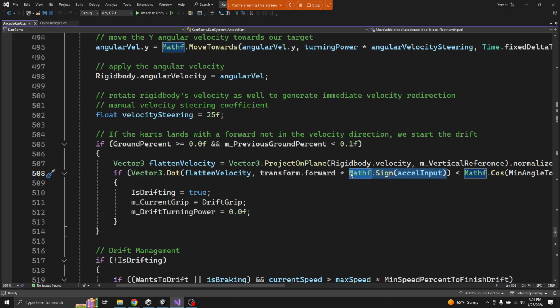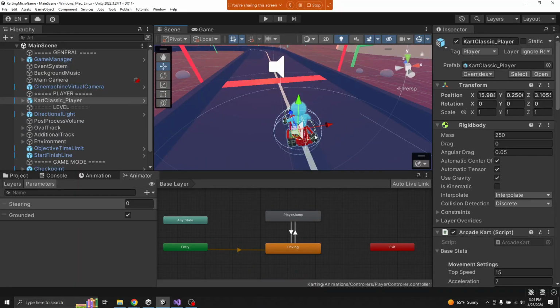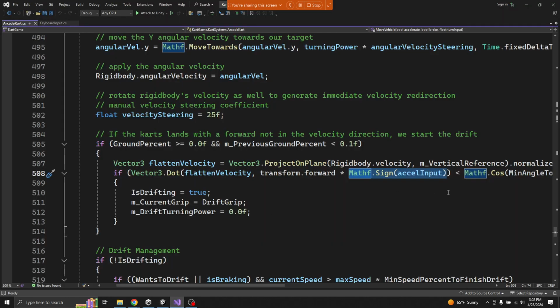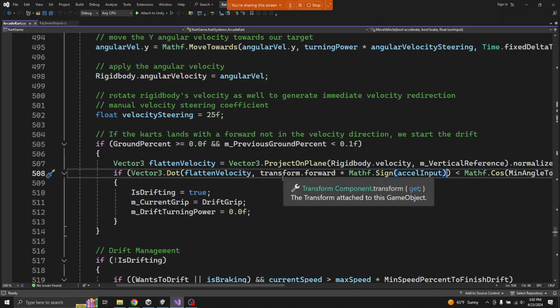So this is a vector 3 multiplied by a float. So basically, we're pointing wherever we're pointing. Right, here's our front, our forward. If we're accelerating or not accelerating, it'll still point this direction. If we're hitting our brake, we're going to flip it. It's going to be multiplied by -1. It's going to point behind us. All right. So that's what's happening here.